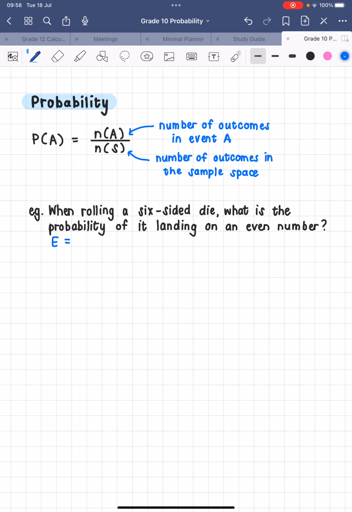They will use a letter to represent the event, and then they would list all of the numbers that now fall in that event. All right, so if we're thinking of a 6-sided die, it's 1, 2, 3, 4, 5, 6. Those are the numbers, right? Which of those numbers are even numbers? 2, 4, and 6.